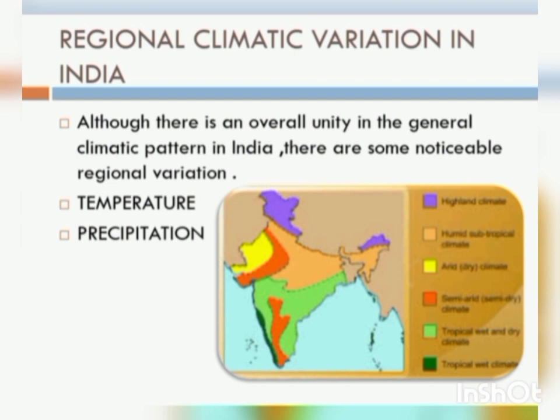Similarly, most parts of the country receive rainfall from June to September, but the Tamil Nadu coast gets most of its rain during October and November. The upper part of the Himalayas receives precipitation in the form of snow, while it rains over the rest of the country.